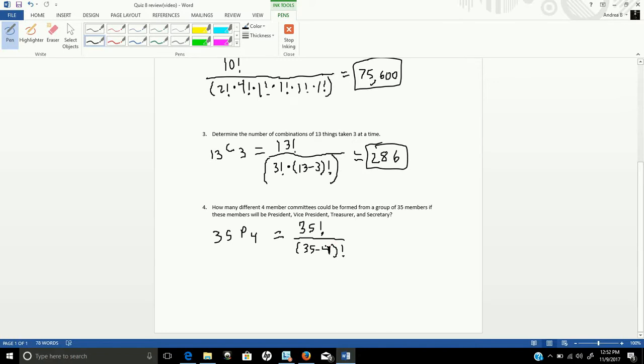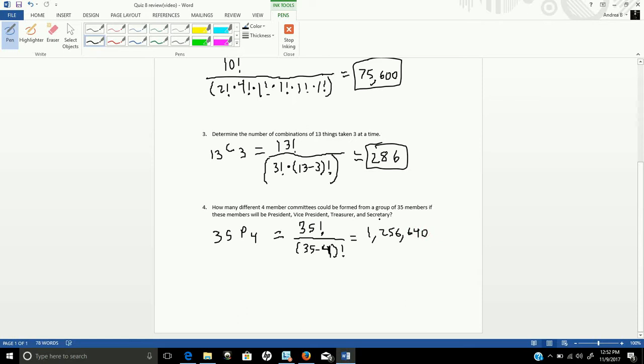You just have the 35 minus 4 factorial in that denominator there. And then once again, you want to make sure that you're entering that in correctly to your calculators to get the correct answer. Looks like here we should get 1,256,640.